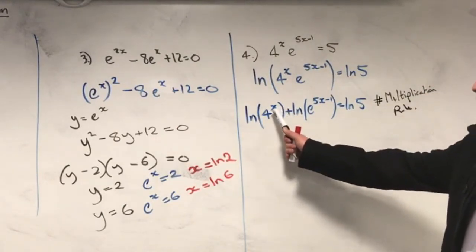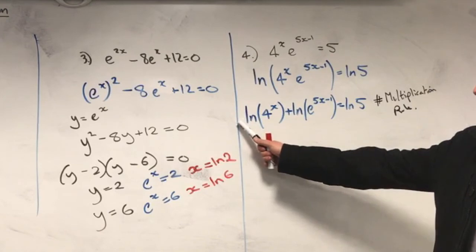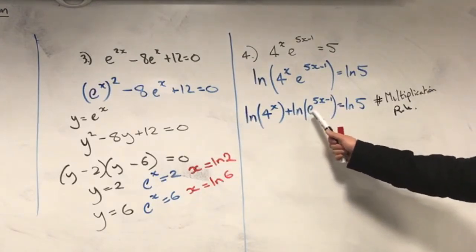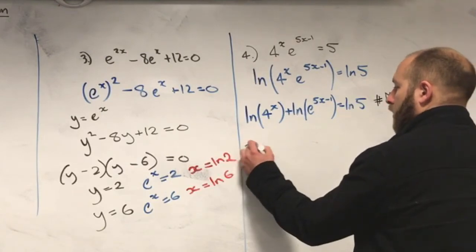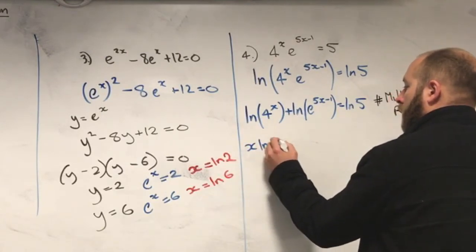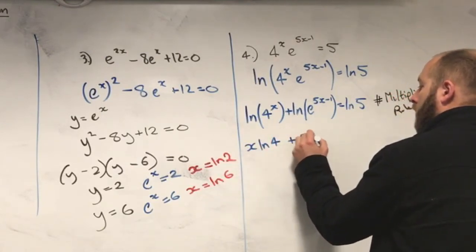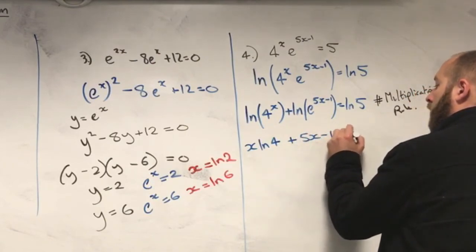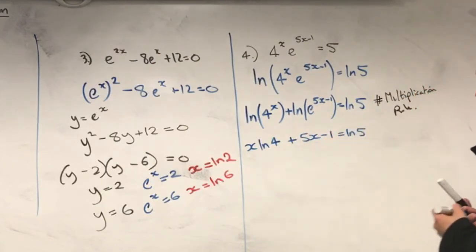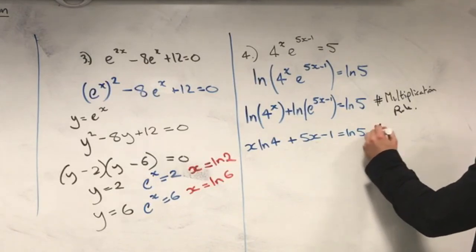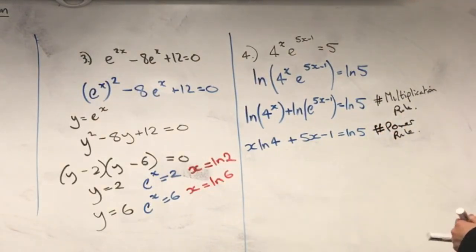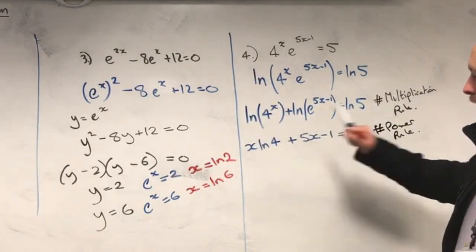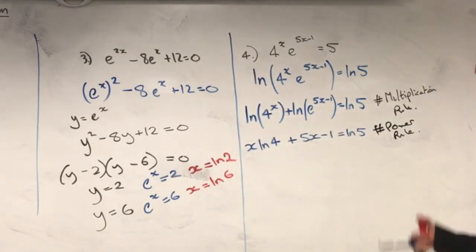Now we can use the power rule to bring this down. And ln and e are going to cancel to give us that. So, use the power rule and then cancel ln and e to get this. Now we just want to collect the x's.